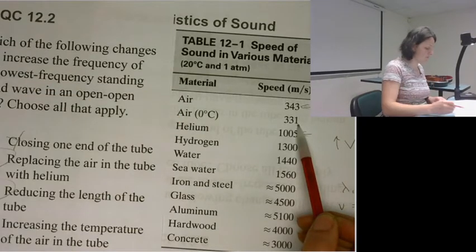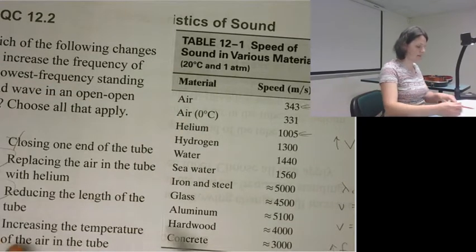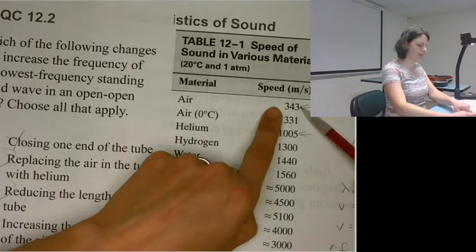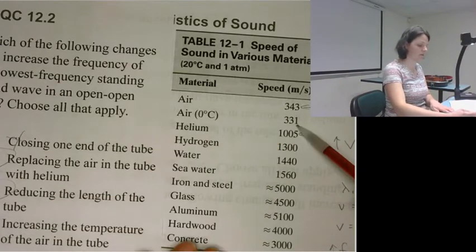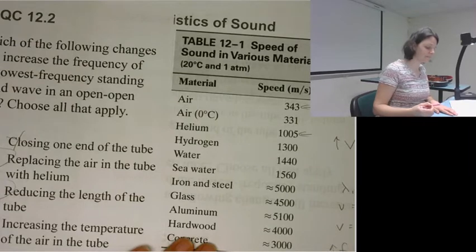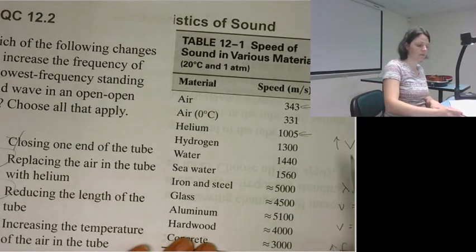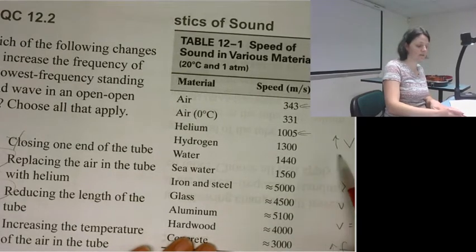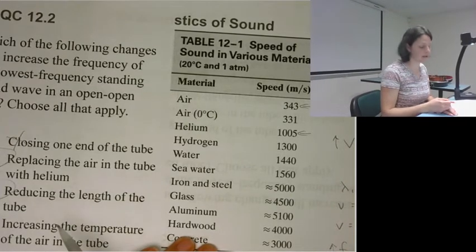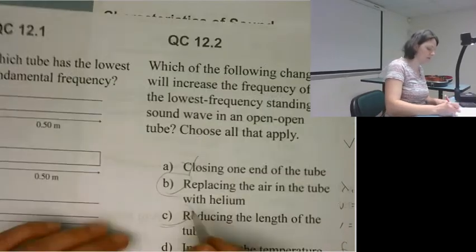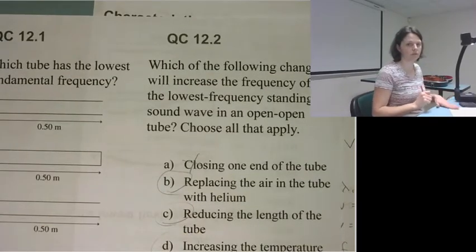So if we make it hotter, that's like going from a low one to a high one. A hotter temperature is faster v. So we are coming back to this equation again, right? We have a faster v, which must mean that the f has gone up, and that's a higher pitch as well. So all three of those will work.